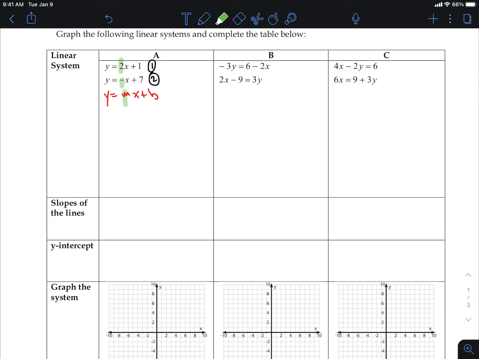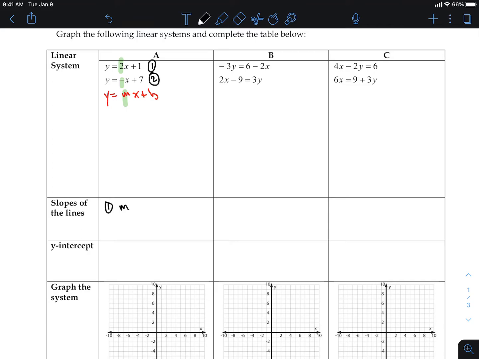If I want the slope, I'm looking for the m value in the first one. So what's the m value in number 1? It's just 2.